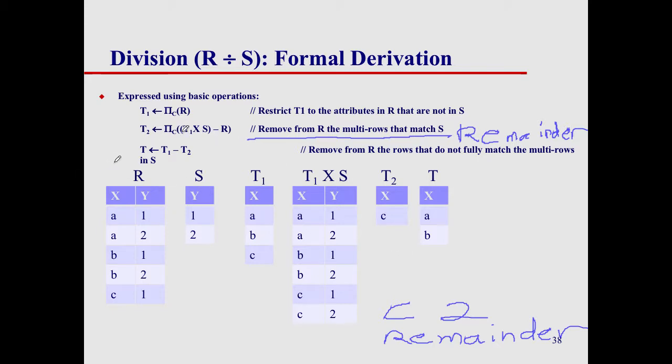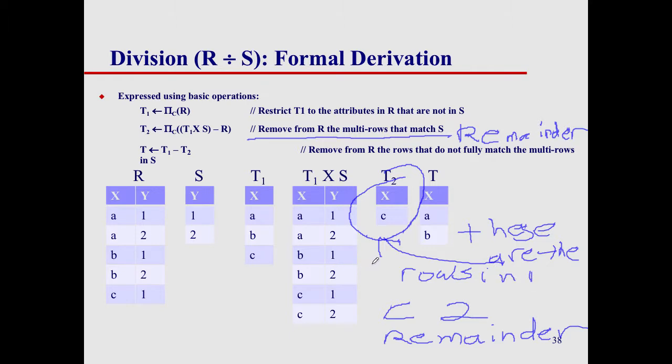So the third thing we do is we project that and we get C. So here the result of doing the subtraction is the rows in R that do not match everything in S.